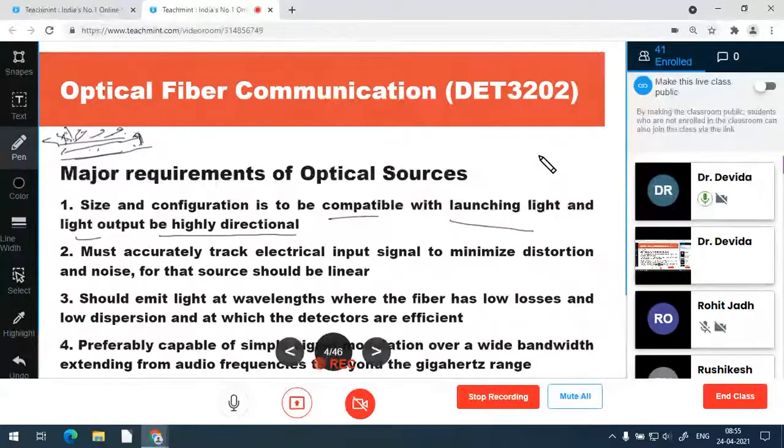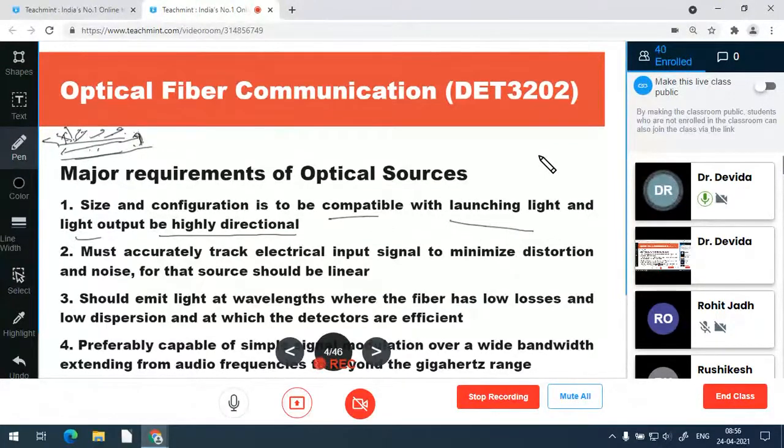So this is the requirement. To have all the optical energy launched and propagating in the optical fiber, it should be made into a beam, and that beam must be launched within the acceptance cone.